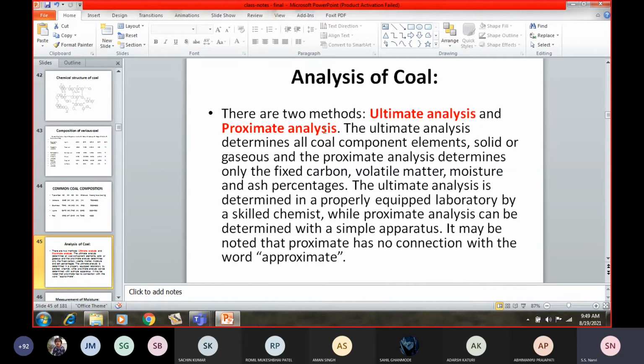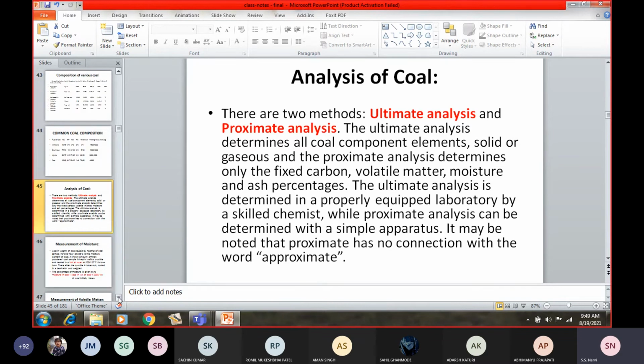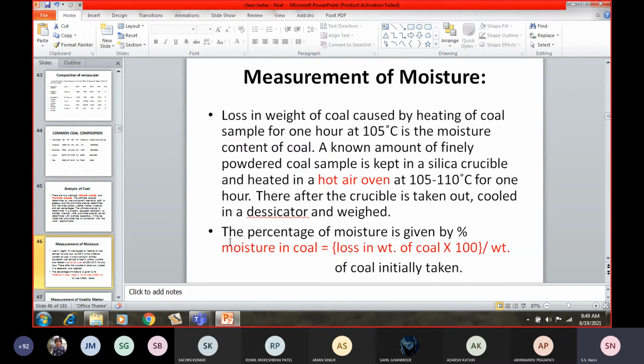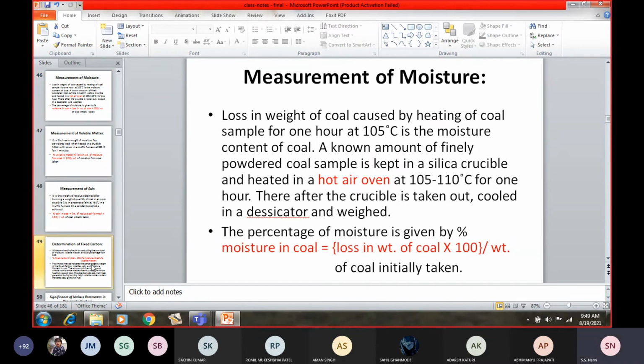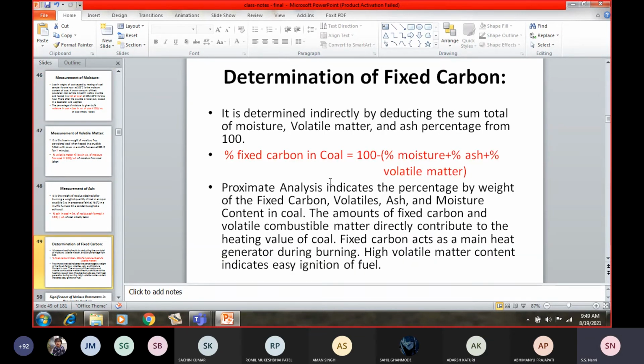In the proximate analysis, three parameters are determined: percent moisture content, percent volatile matter content, and percent ash content. These three parameters are determined experimentally.